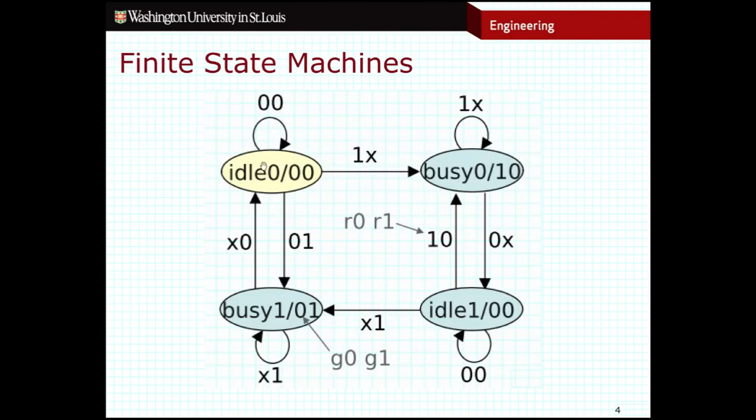So idle 0 actually represents the state where process 1 was the previous process to access the disk, and idle 1 represents the state that says process 0 was the previous process to access the disk, and you can see that the transitions then favor the other process through the use of these don't care bits.